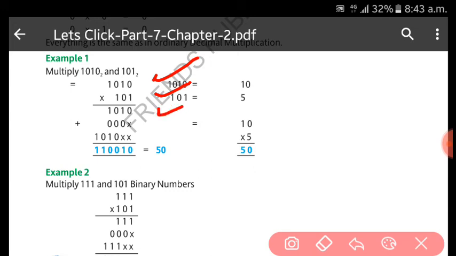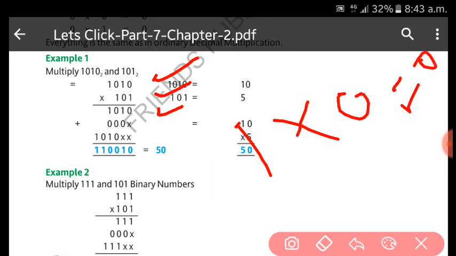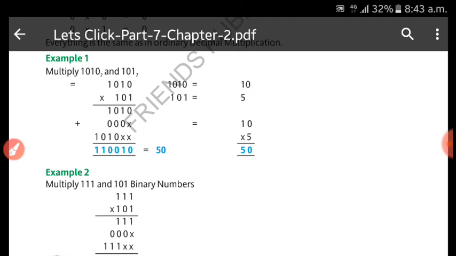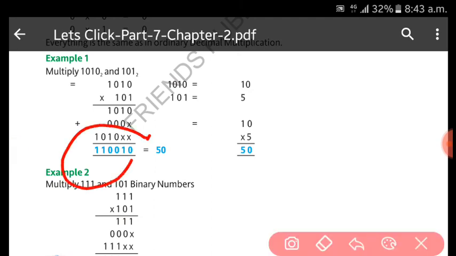There are only 2 digits. 1 multiply 0 is 0. 0 multiply 1 is 0. 0 multiply 0 is 0. And 1 multiply 1 is only 1. Otherwise, in the rest of the cases, 1 multiply 0, 0 multiply 1, or 0 multiply 0, it will remain 0. Okay, so this will be the result.